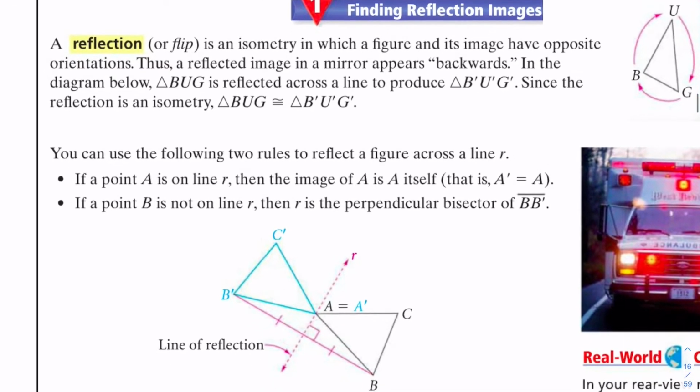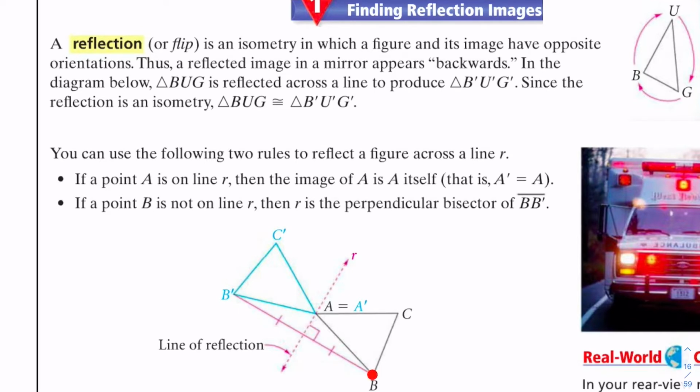All right, so you can use the following two rules to reflect a figure across a line. That's why we were talking about perpendicular, because take a look at this. Here's my line of reflection, and here is a perpendicular line to that line of reflection. And why does that matter?